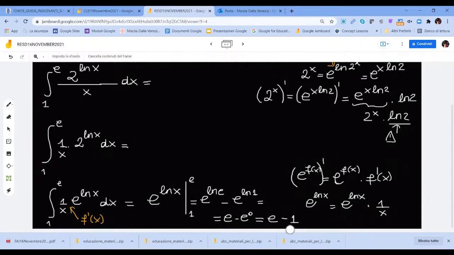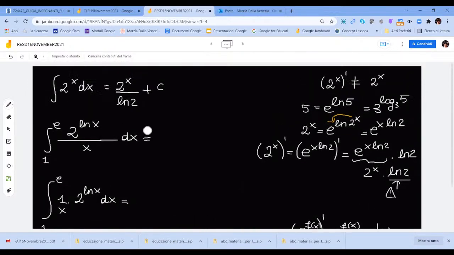So let's perform what is above. Above we have not the same Napier number, but we have 2. That means we should pay attention because it is another type of integral.